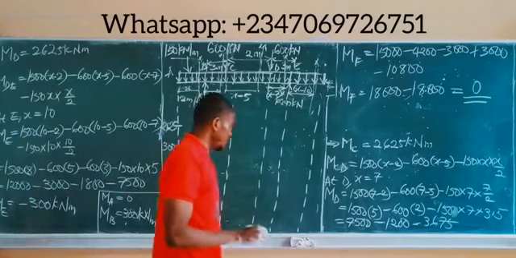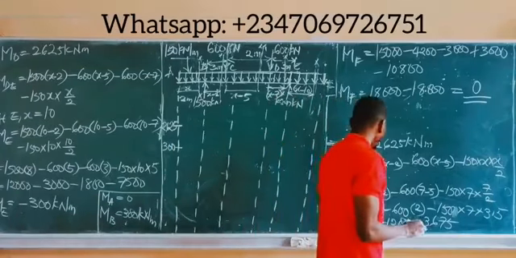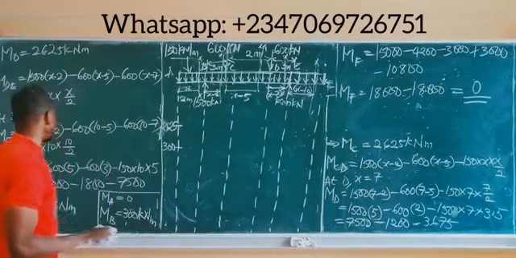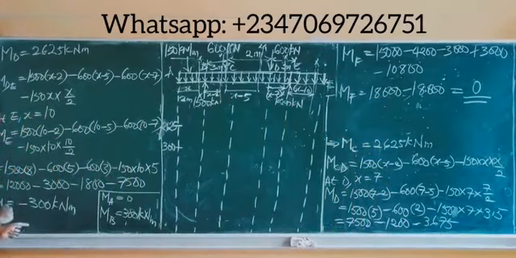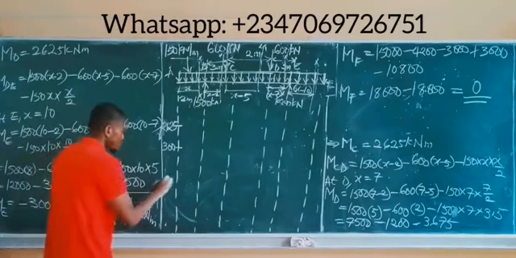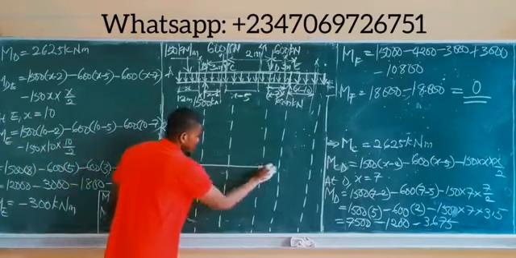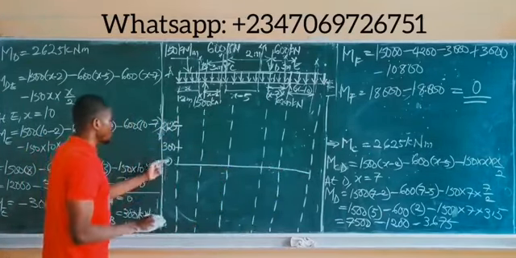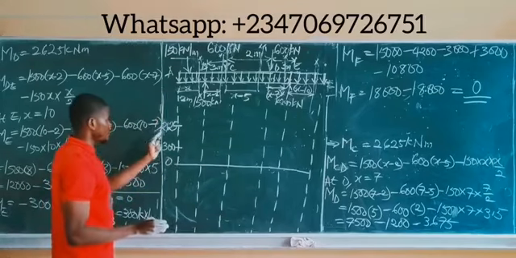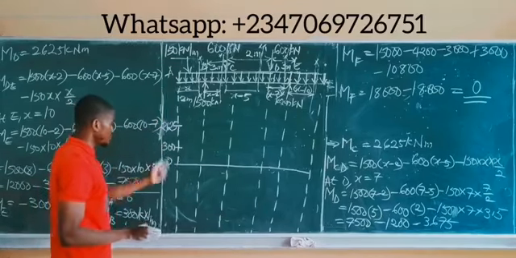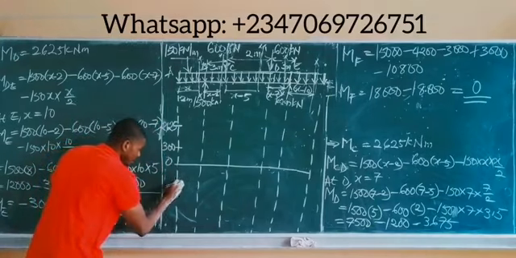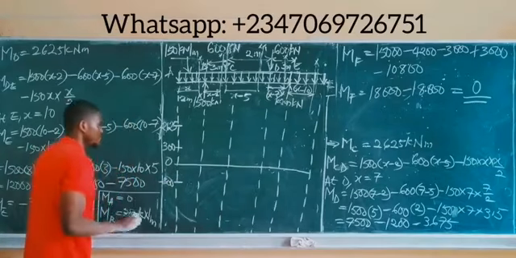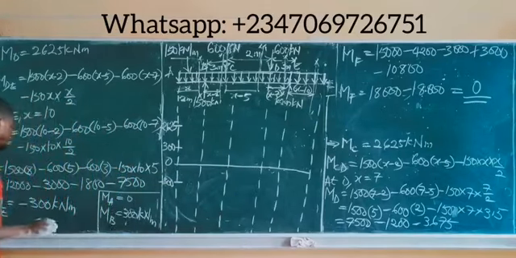Next, moment at E gave us minus 300, so it means this is now our origin, O. Everything above the origin is positive, so that's why 2625 and 300 are positive values. Below the origin are negative values, so this is minus 300. And the moment at F is 0.